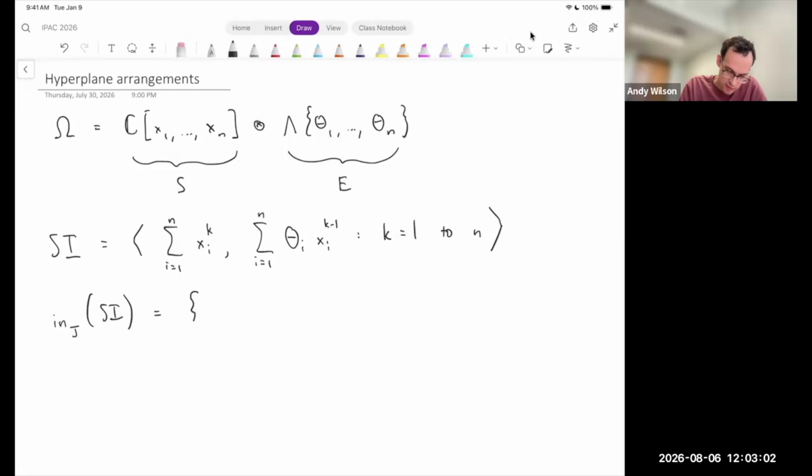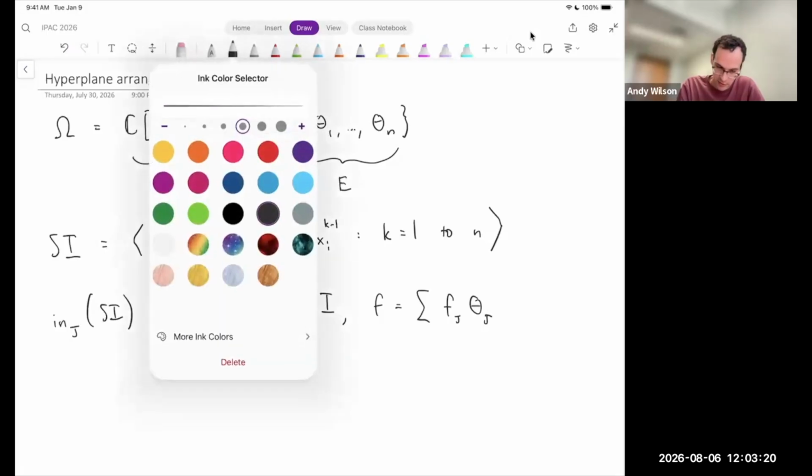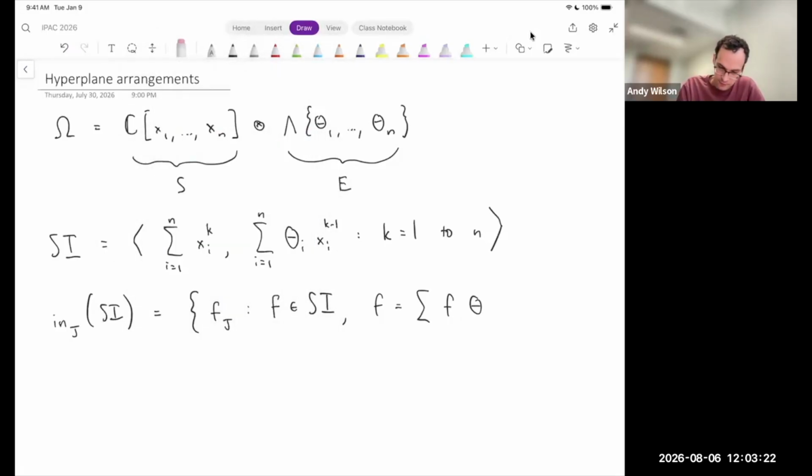It's a polynomial ideal which consists of all the f_J, where f is some element of the superspace invariants that looks like a sum of f_j theta_j, where these are sets bigger than or equal to J in the lex order on subsets, so kind of using later indices.